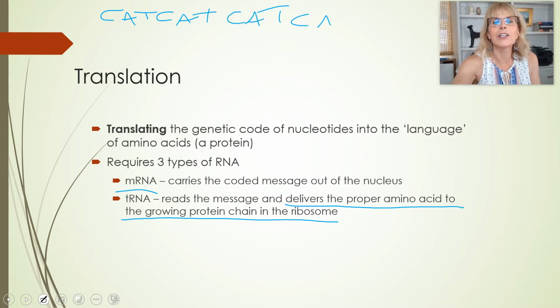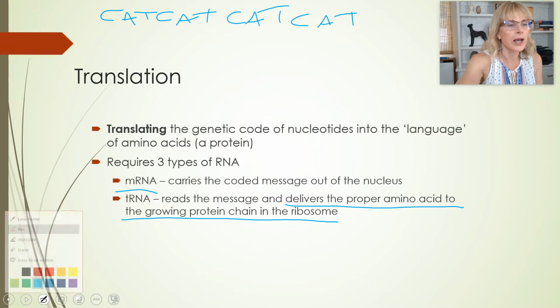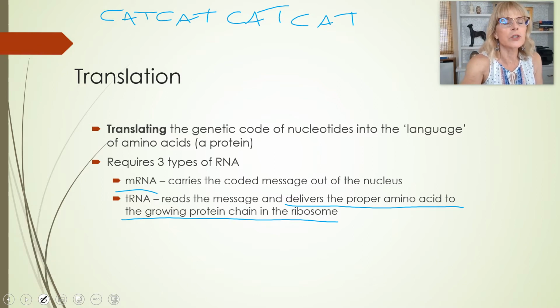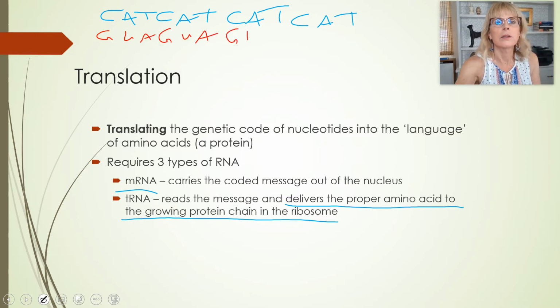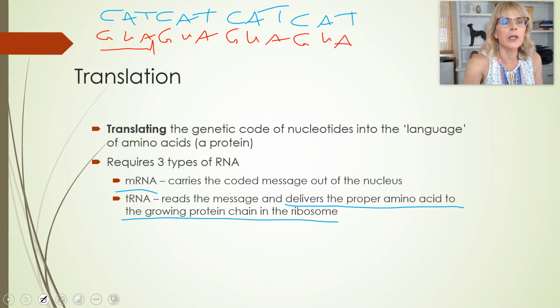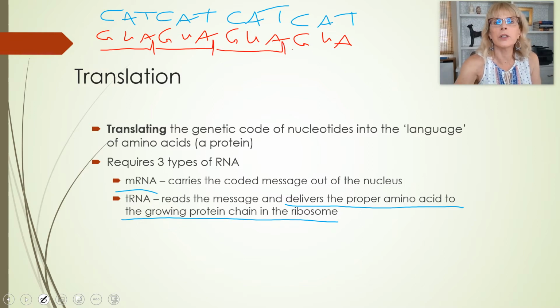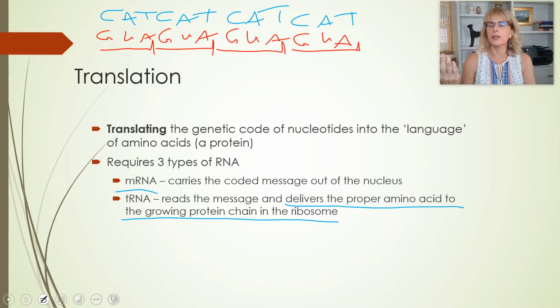This is going to be the DNA code, and then we made messenger RNA. And then each one of these is going to mean bring a certain amino acid to the growing protein chain.